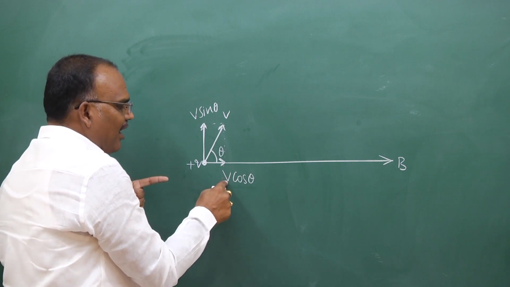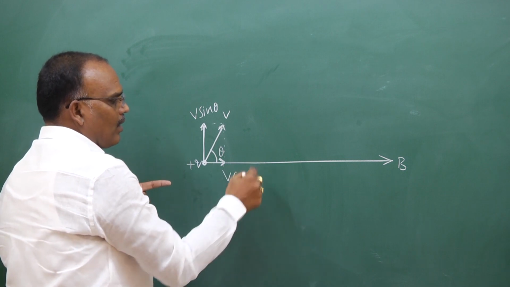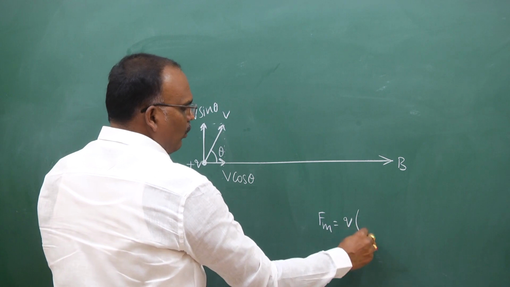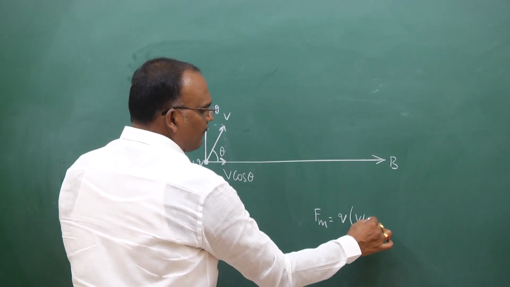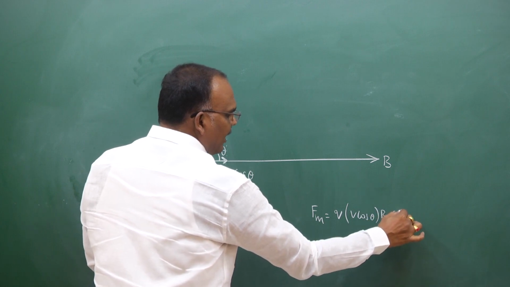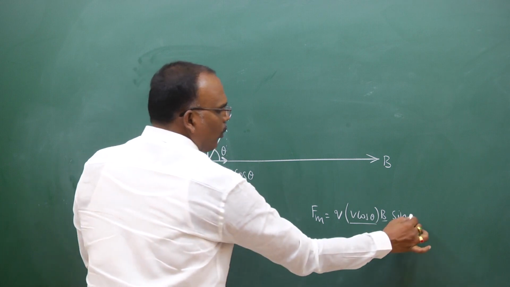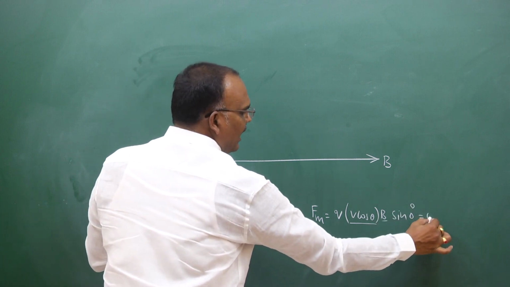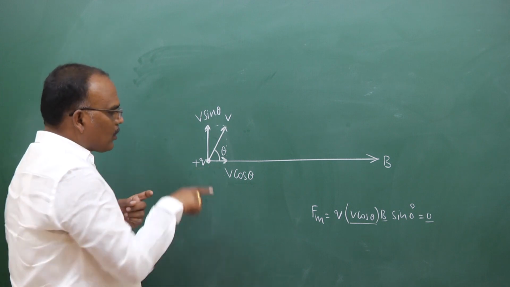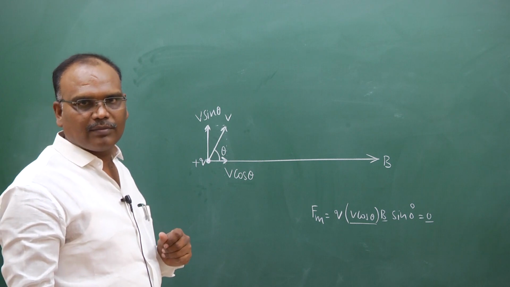The angle between velocity and magnetic field is 0 in this case. Magnetic force Fm is equal to Q into v cos theta into B into sine of the angle between velocity and magnetic field, which is 0. So the magnetic force is 0 for this component.